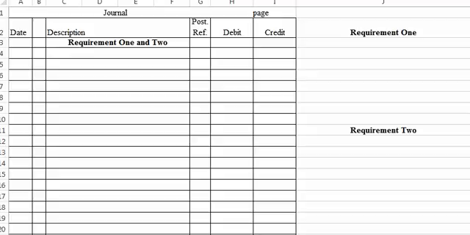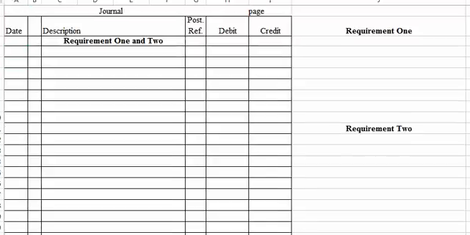So to me, you guys, the best way to answer number 1 and number 2 is to do the journal entry. They don't ask for the journal entry, but I think it helps to understand these if you see the journal entry. It makes it so much easier.